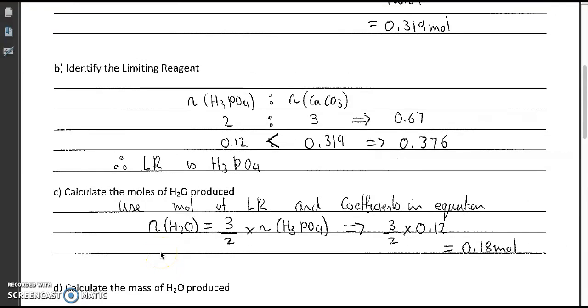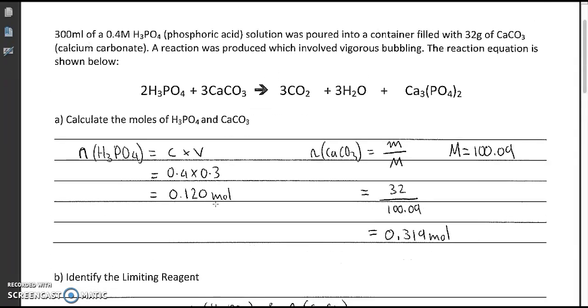So now that we've identified our limiting reagent, we can start calculating the moles, or the amount of products produced. And the first question says calculate the moles of water. Now this is very easy because all you need to do is use the moles of your limiting reagent and the coefficients in the equation. So I know that the amount of water required will be 3/2 the amount of phosphoric acid.